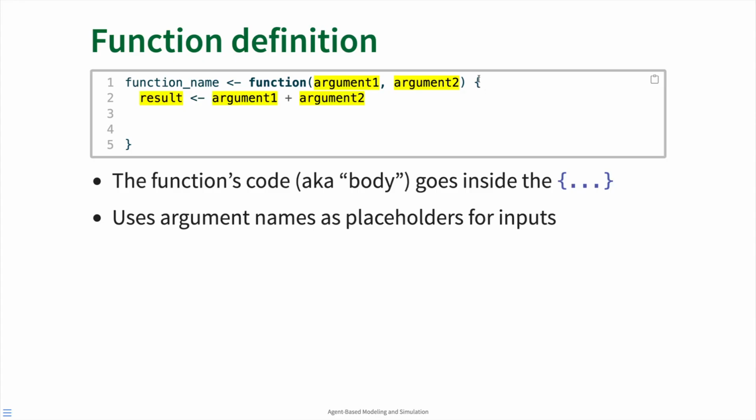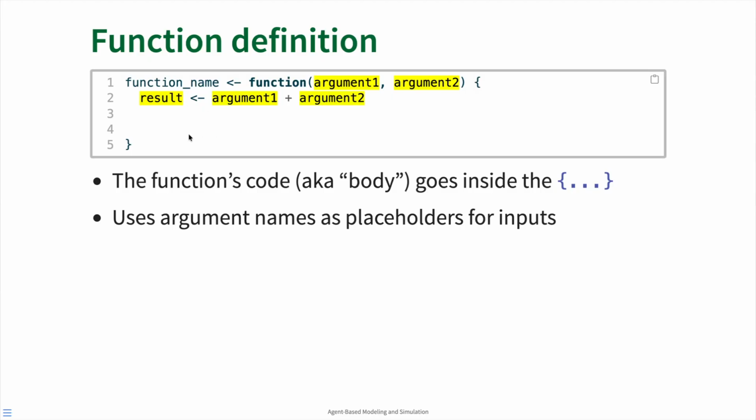Then inside the curly brackets that you see at the end of line 1 and on line 5, we put the actual code of the function. This is what gets run every time that we call the function. We can have multiple lines of code inside these curly brackets. And we can use the argument placeholder names. So if you've defined your function as accepting two arguments, argument 1 and argument 2, you can then use argument 1 and argument 2 inside the function's code.